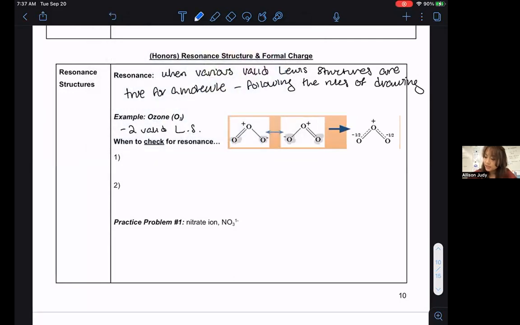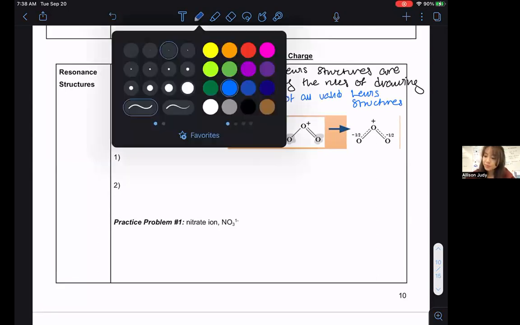Okay, so what we see is that the actual structure of a molecule is really the average of all valid Lewis structures. If you're in your mind thinking, wow, this sounds familiar, this concept of the actual thing being an average or a combination, you're absolutely right.